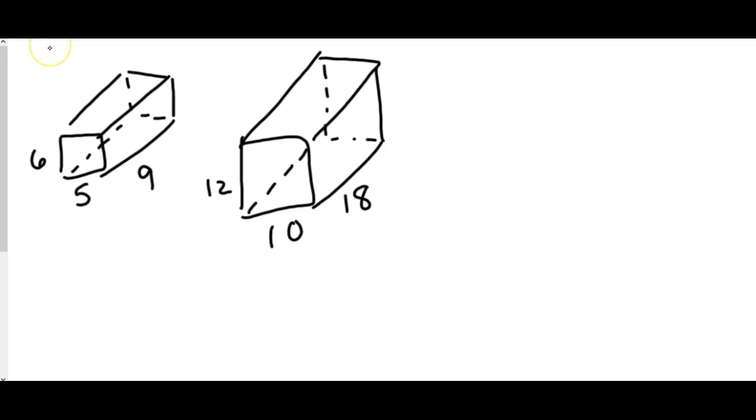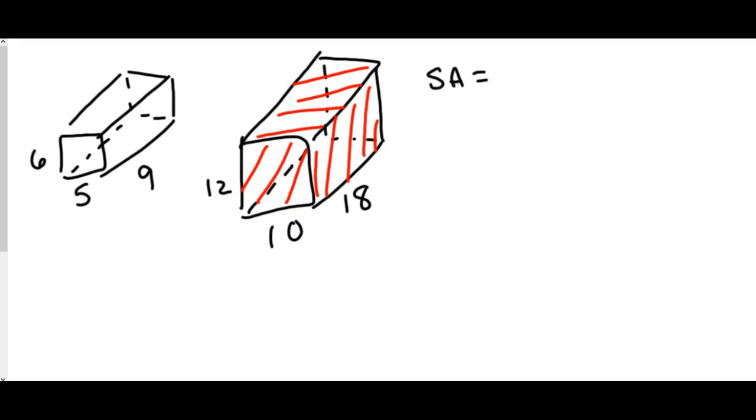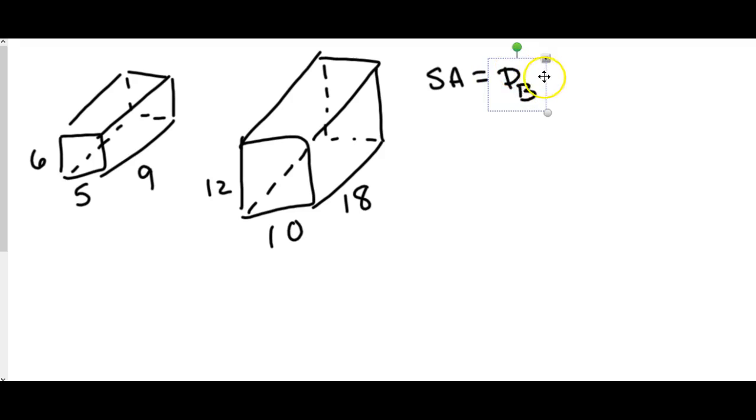So area of a prism, surface area, is all these outside. If I were to look at the outside rectangles and find the area of every outside rectangle, those areas all added together would be the surface area. So you could do each rectangle individually, find the area, add it together. Usually we go with the shortcut, which is to find the perimeter of the base times the length of the prism plus 2 times the area of the base.